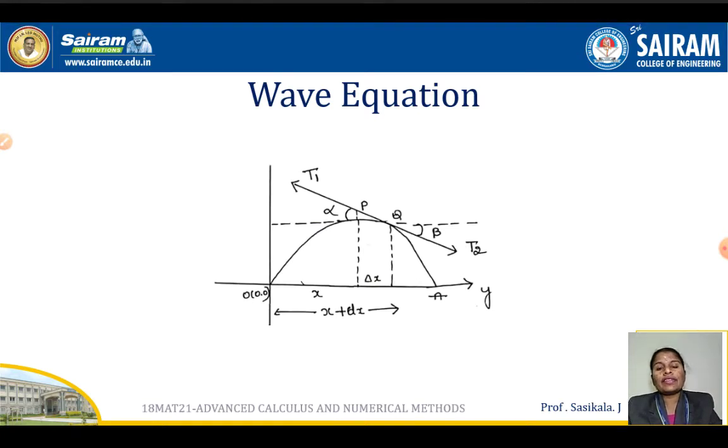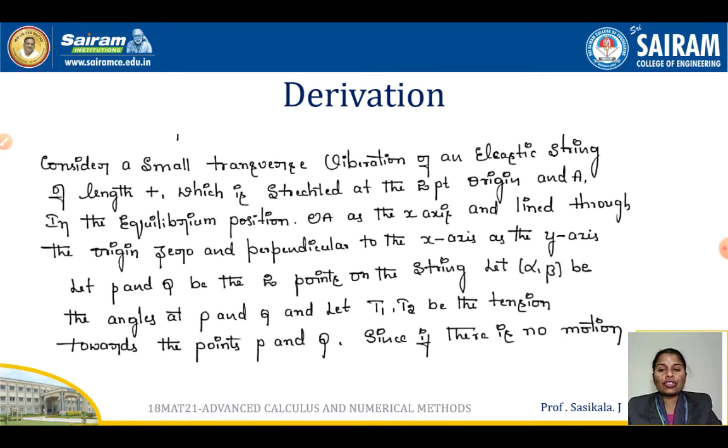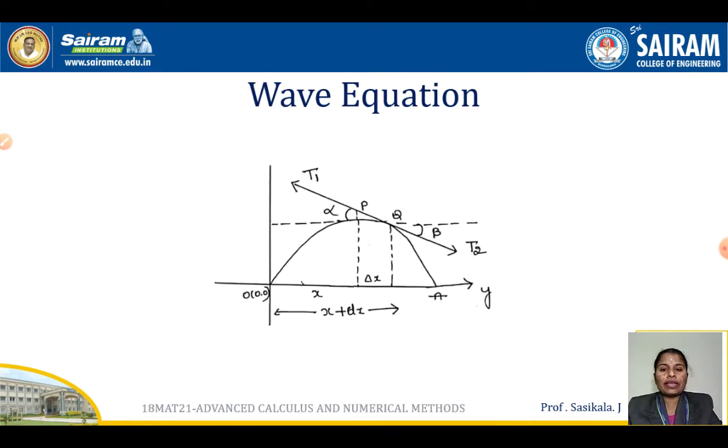That's why only the vertical direction has been taken. With the two fixed points, the origin O and A, I consider one particular point x and give it a small increment delta x, so that we get x plus delta x.